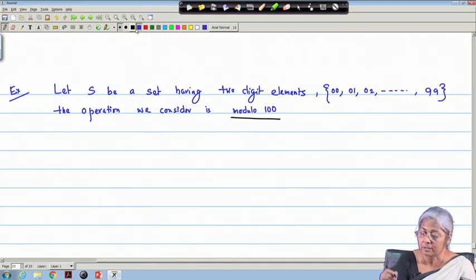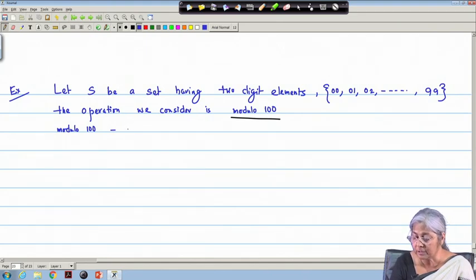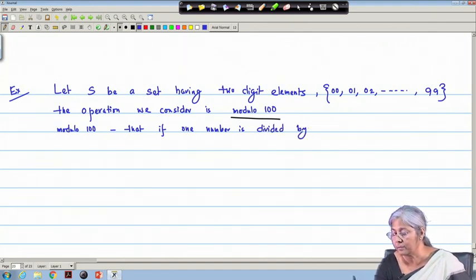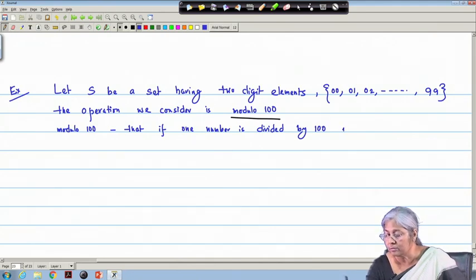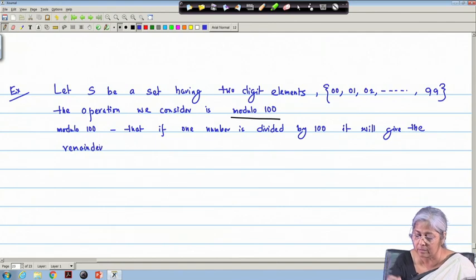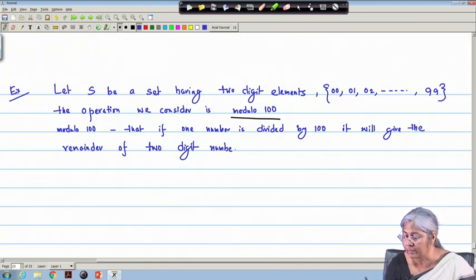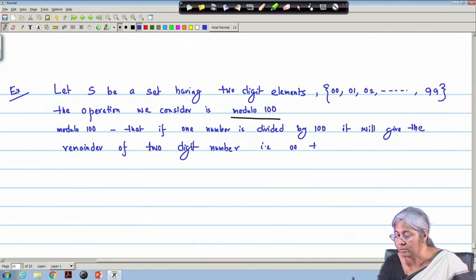It means that if one number is divided by 100, we consider the remainder, which gives the remainder of 2-digit numbers, that means again 00 to 99.